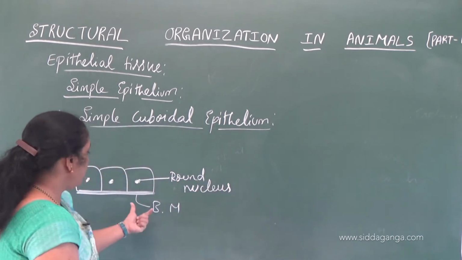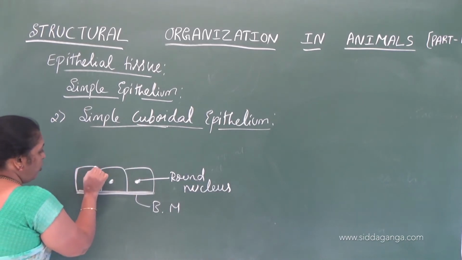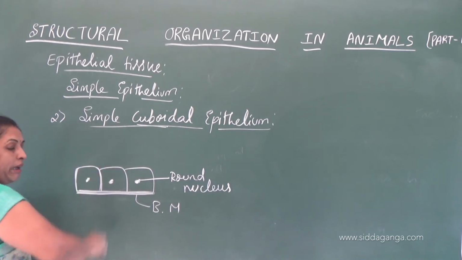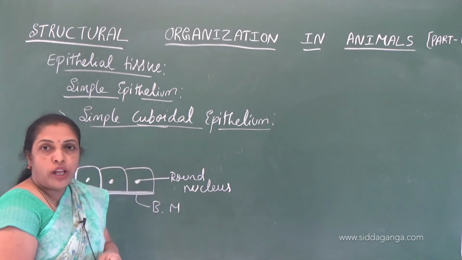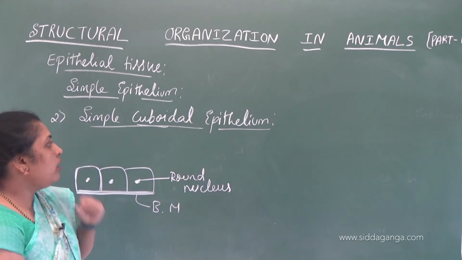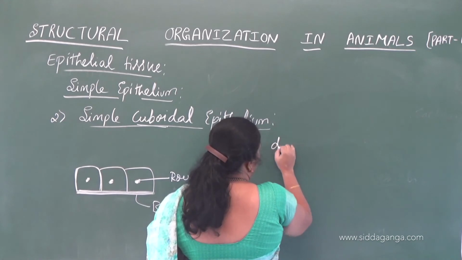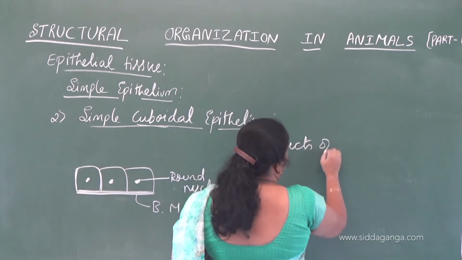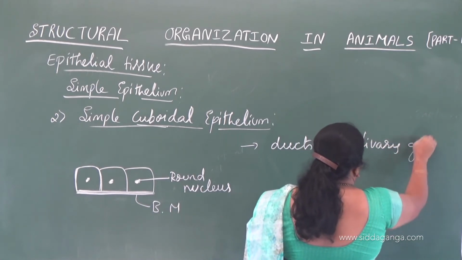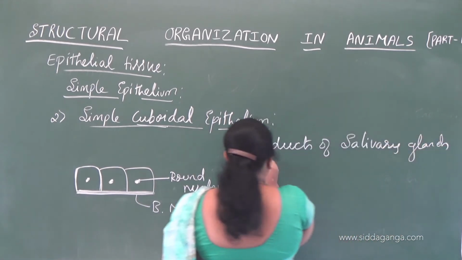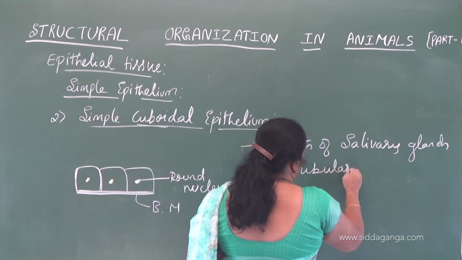That's why it got the name simple cuboidal epithelium. These cuboidal epithelia are present in the ducts of salivary glands and in the tubular parts of nephrons.